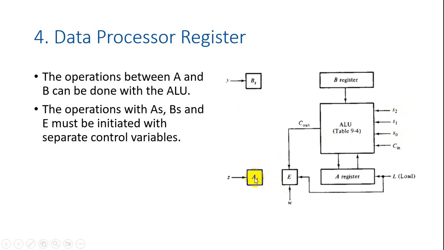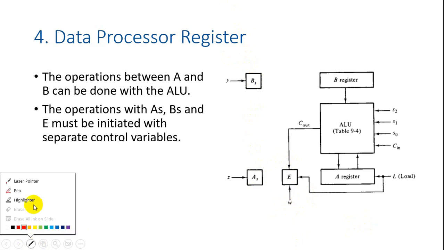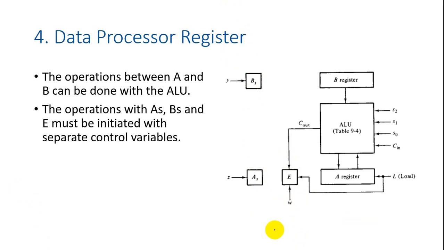Now, to control or work with this overflow bit, sign bit of A and sign bit of B, we need a few other control signals. For example, the W control signal. Look at over here. This W control signal will be used to set or reset the overflow bit.